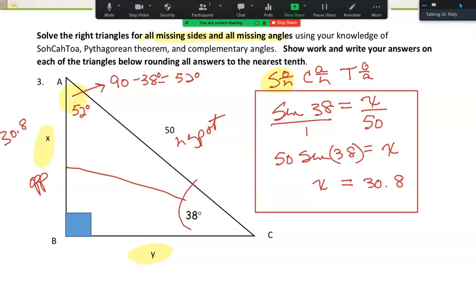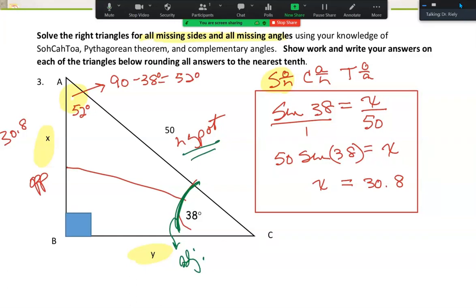Okay, now let's go ahead and we'll get side Y. So if I want to do Y, why don't I do cosine? From 38's point of view in green this time, this will be the adjacent, and this will still be the hypotenuse.